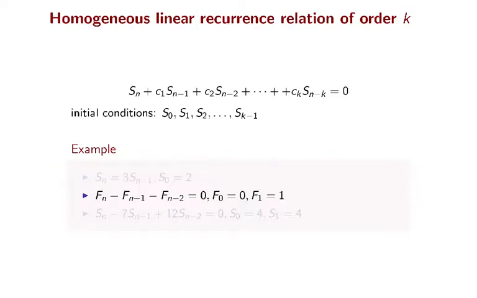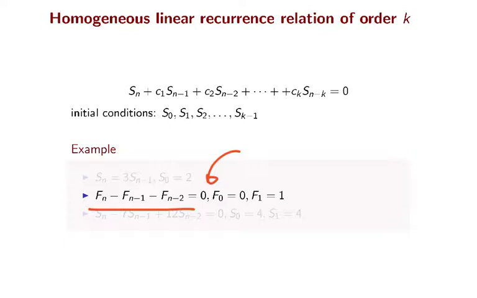Let's see this other example. In this case, the recurrence is given by Fn minus Fn minus 1 minus Fn minus 2 equals 0. We see that it's already equal to 0, I mean, everything is already on one side, and this is written in a linear way.